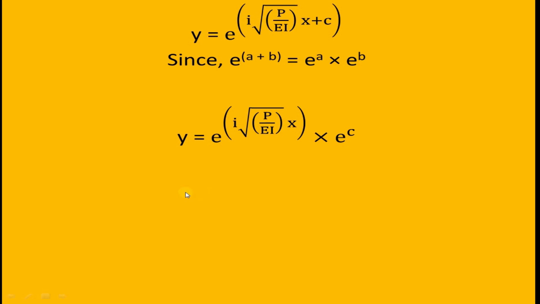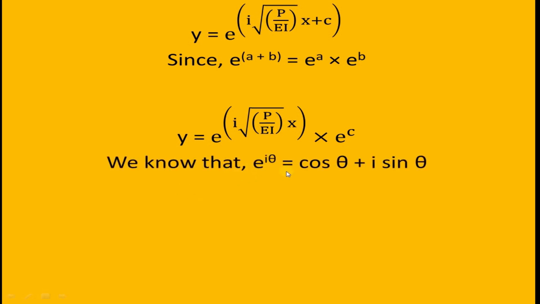Okay. We know that e power i theta is cos theta plus i sin theta. So similarly, e power i square root of P by EI x can be rewritten as cos square root of P by EI x plus i sin square root of P by EI x. Okay. So here we are considering theta as square root of P by EI x.